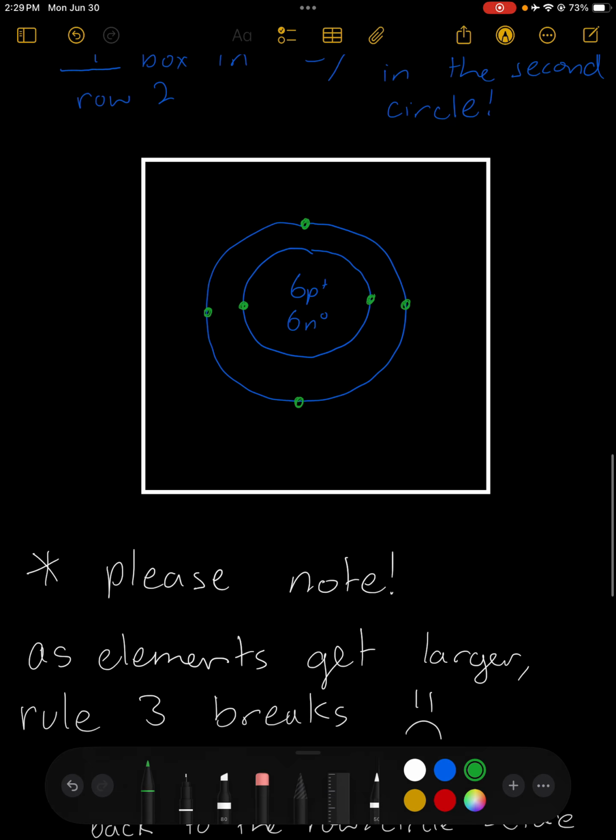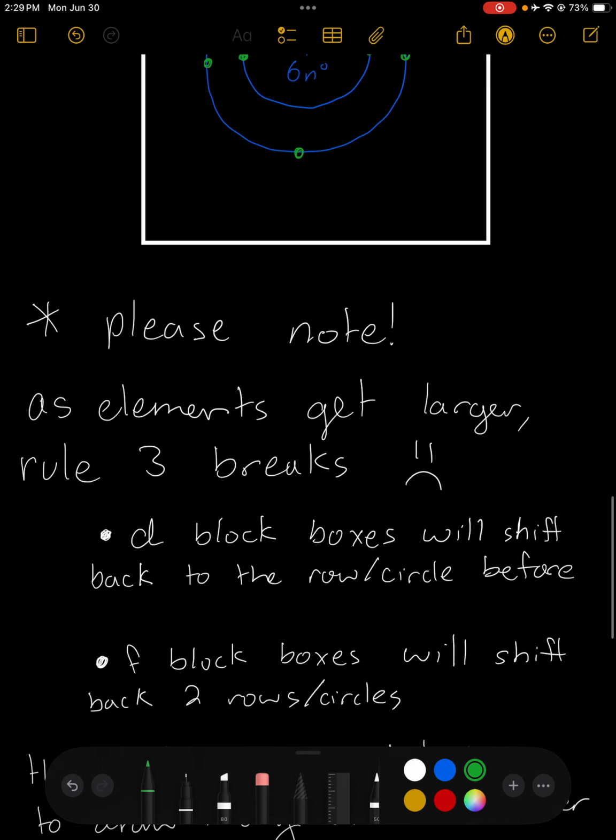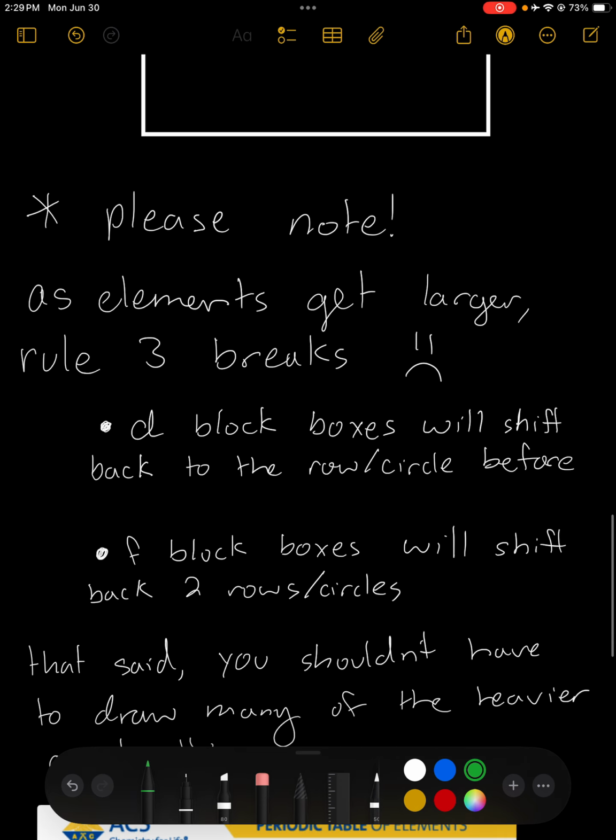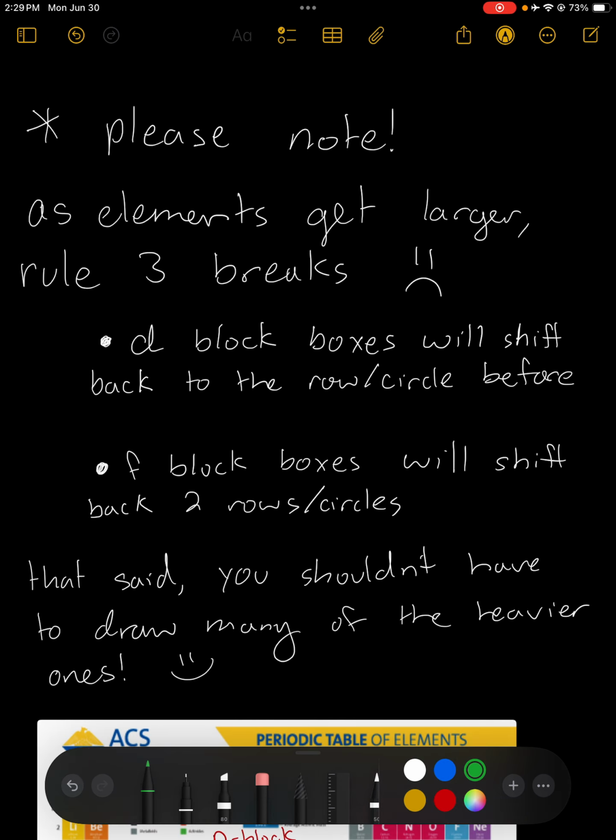One thing that I'd like to note about this method is, unfortunately, as our elements get larger, rule 3, how many electrons you should draw in each circle, starts to break. And it's kind of annoying, but how you fix it is also not that difficult. As our elements get bigger, they start having a lot more electrons.